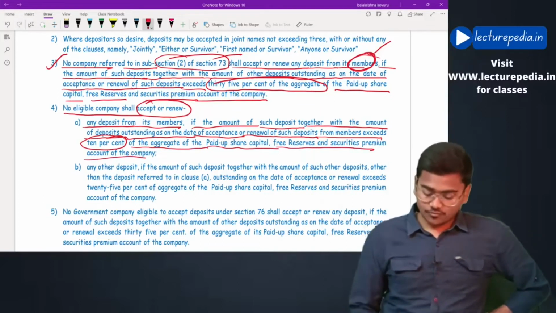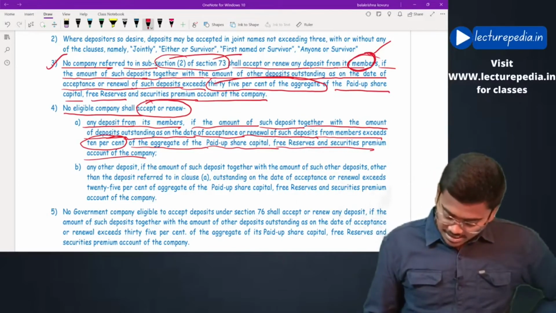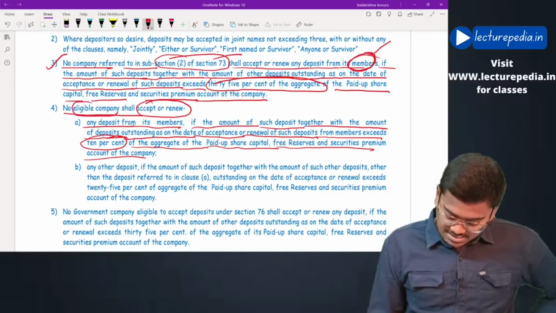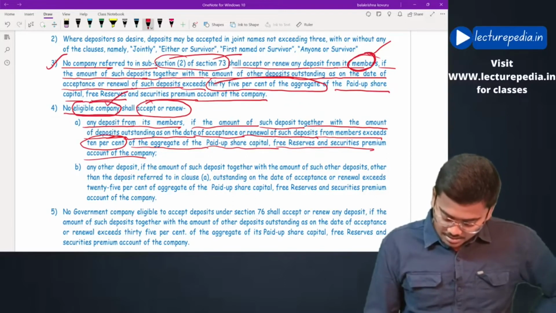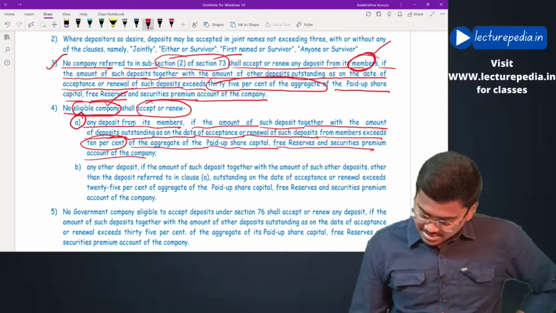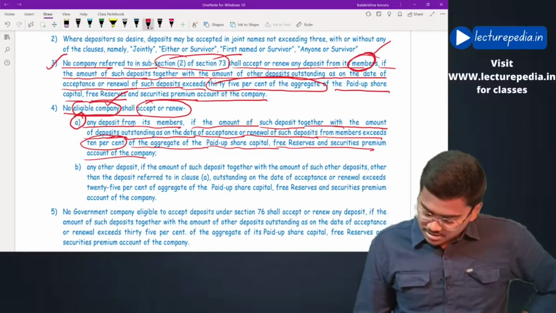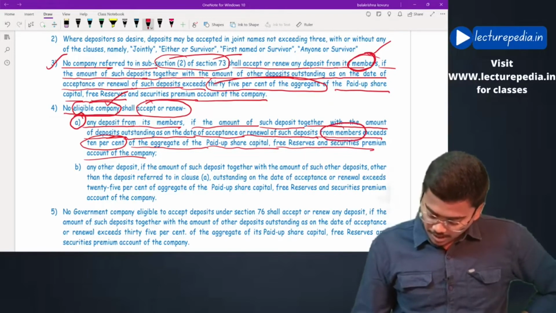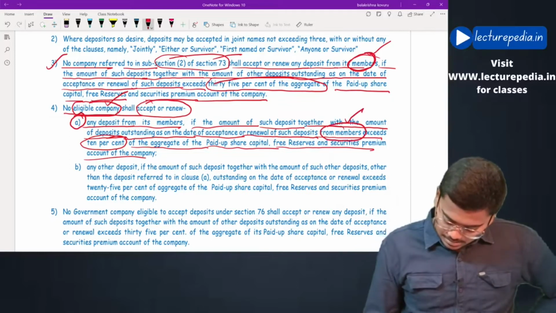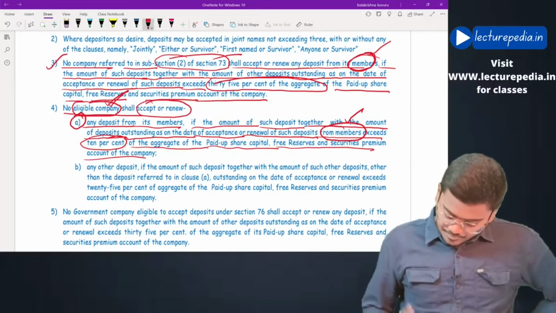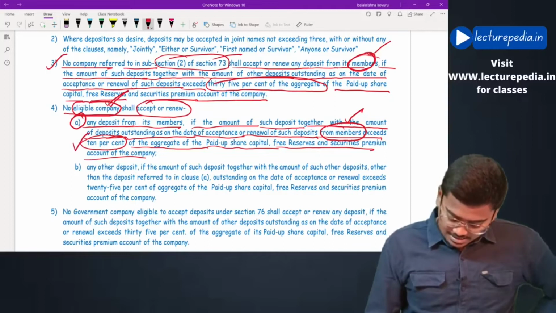See, first of all, this is eligible company. We are discussing eligible company, and clause A discusses acceptance of deposit from members. Okay, members, eligible company, then the percentage is 10%.